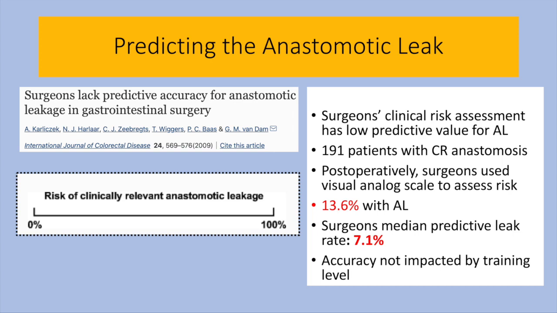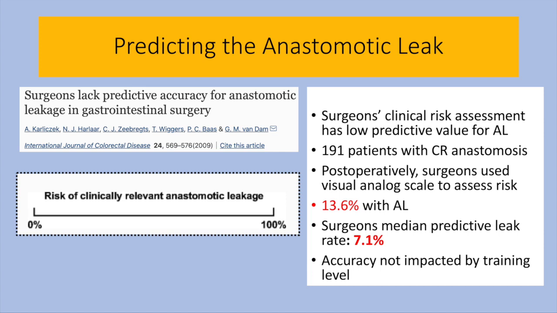A notable paper by Karliczek from 2009 presents a study of 191 patients who underwent a colorectal anastomosis. Surgeons were asked immediately post-op to predict the risk of a clinically relevant leak by using a visual analog scale from 0 to 100%. 13.6% of the patients had leaks, but surgeons only accurately predicted these leaks 7.1% of the time. The accuracy of assessment did not correlate with clinical experience.